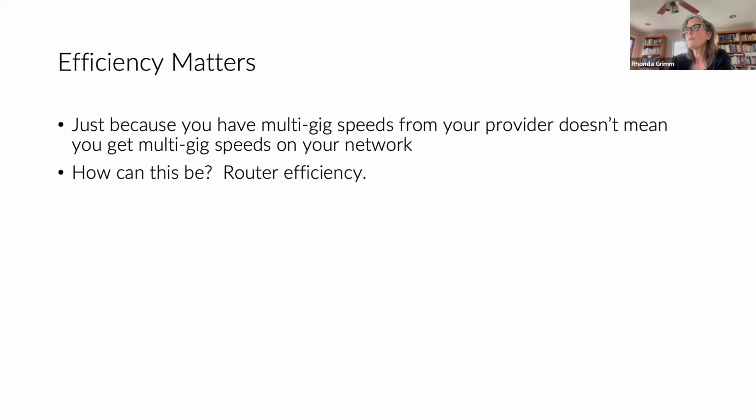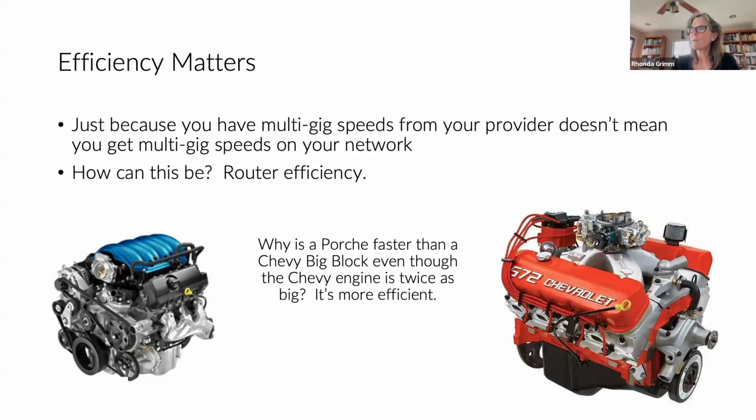So the one thing to keep in mind with regard to these internet connections: just because you have multi-gig speed from your provider, oh, I got Google's 2.4 gigabits per second, it doesn't mean you're going to get multi-gig speeds on your network. Why is this? It all comes back to the router.